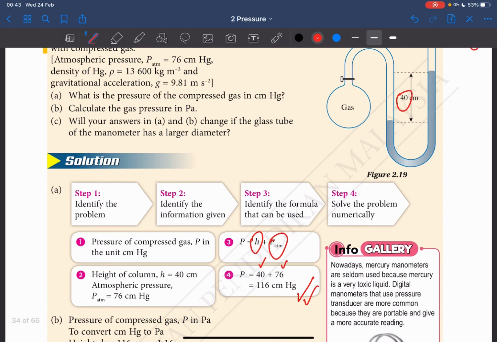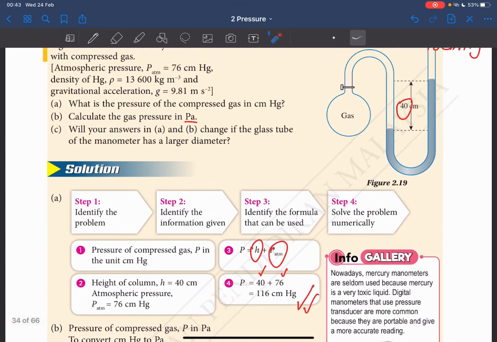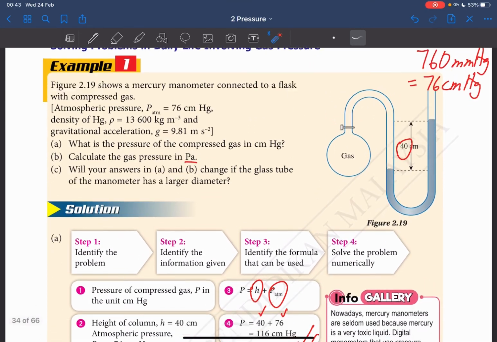So calculate the pressure in Pa. Use the formula H rho G. We know the height. We know the density of the mercury. We also know the gravitational acceleration. So substitute everything and you get the final answer. What about question C?